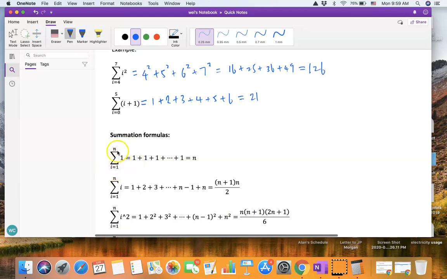So the first term is 1, the second term is still 1, the third term is still 1. Since we have n of 1 adding up together, the result is going to be equal to n.